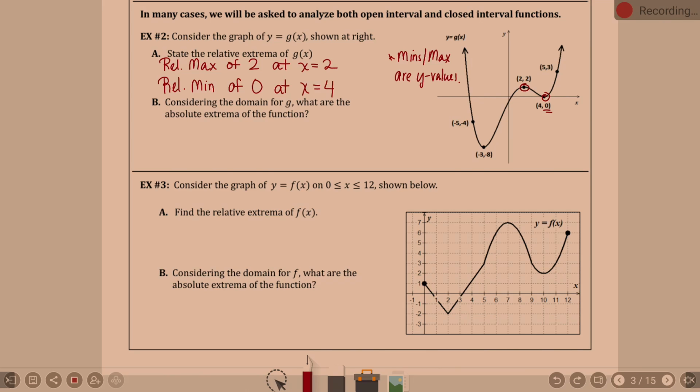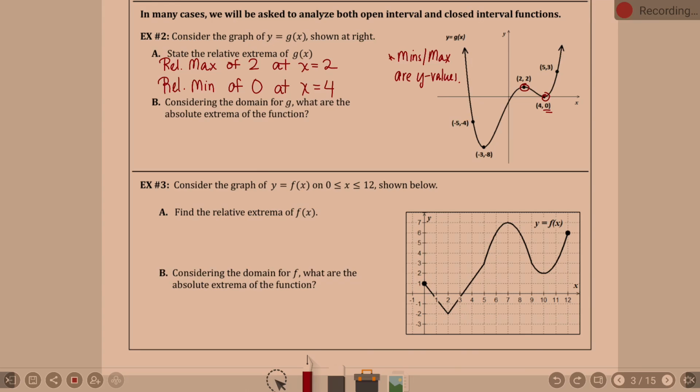But because either side is going infinitely up, there will never be an absolute max. And that forces this to become a relative max. So if it was infinitely down and infinitely up, there wouldn't be an absolute anything. In other words, if we had a cubic graph, we could have relatives, but we wouldn't have absolutes.